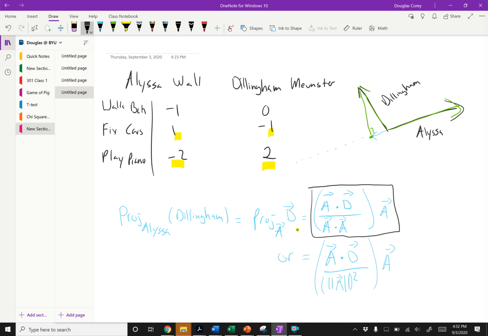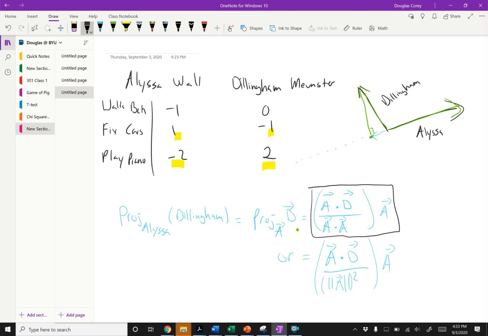But we do know the dot product divided by the lengths of both A and D would be the cosine of the angle, but we're close. Some things were simplified out to keep it smaller, but it makes it less interpretable.